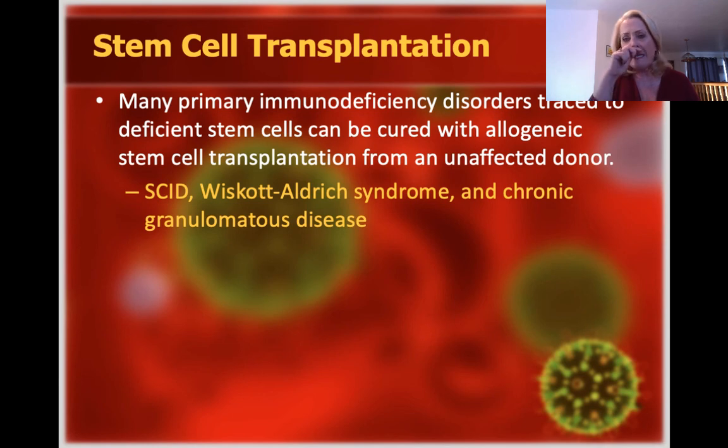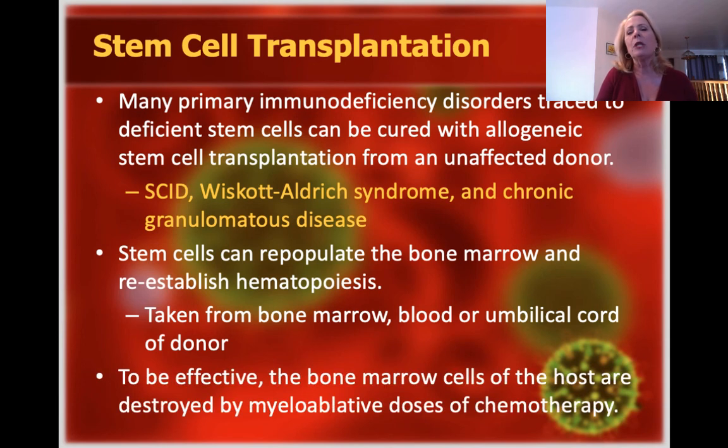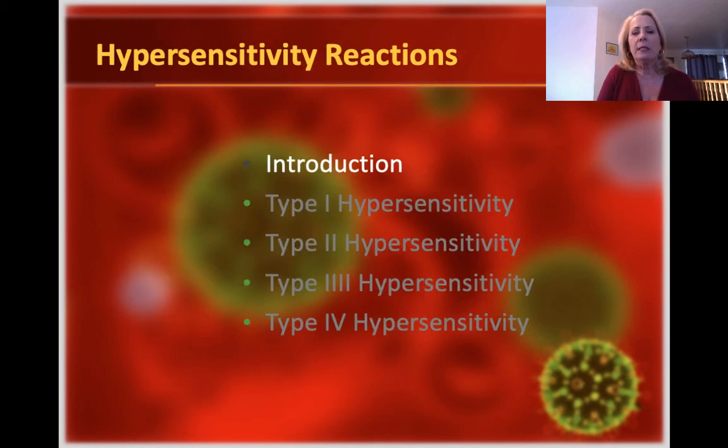We can take some of these stem cells and transplant them into donors who have this disease, like SCID or Wiskott-Aldrich Syndrome. And the hope is that once it establishes itself in the bone marrow, they will then become cells that are able to produce B cells and antibodies for that person and prevent the disease from happening.